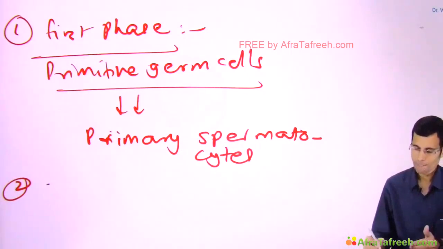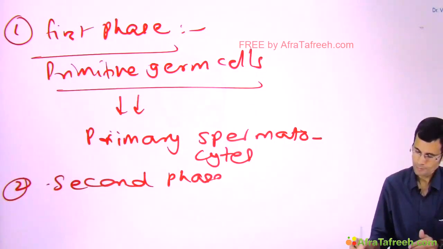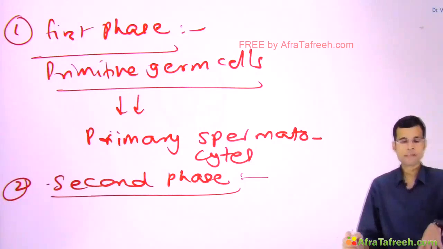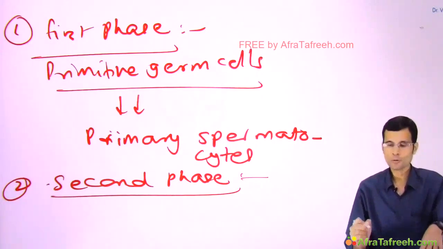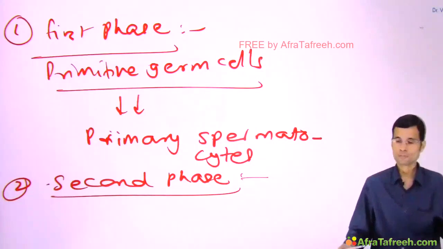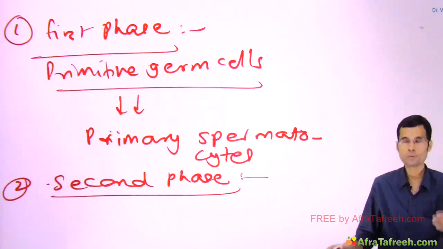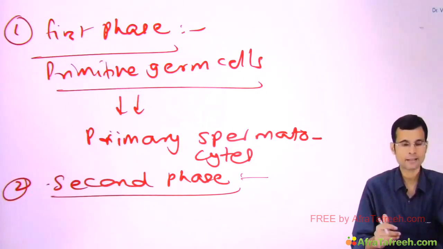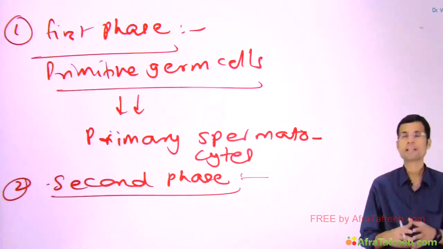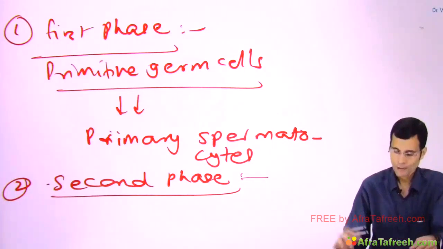Second phase: these primary spermatocytes will undergo meiotic division, and this will reduce the number of chromosomes, of course. It's a two-stage process. They will divide into secondary spermatocytes and spermatids, which will contain the haploid number of 23 chromosomes.